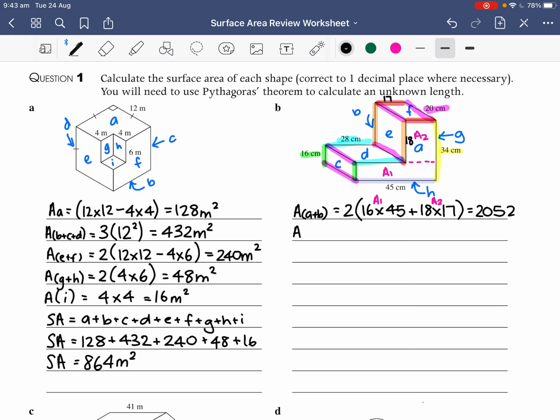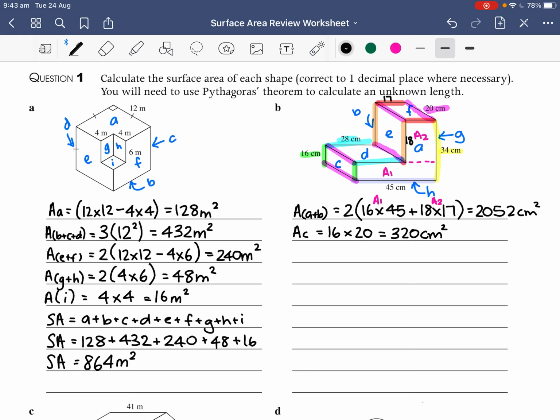Now I'm going to find area C. They're a lot easier from here on in. So area C is this rectangle here with dimensions 16 by this pink side, and that pink side is 20. So 16 times 20 is equal to 320. Oh, and this is centimeters squared.